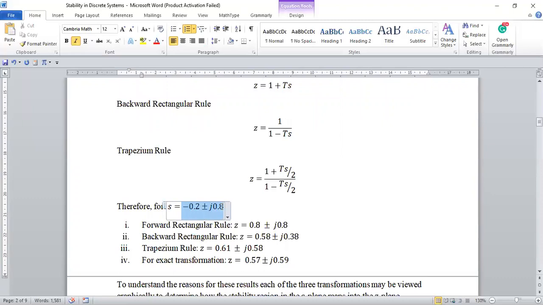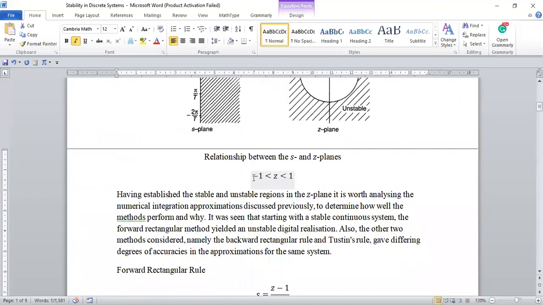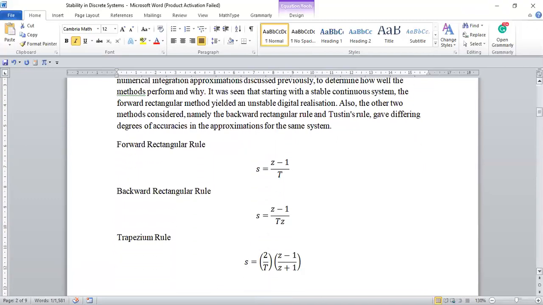Then this particular pole, we're in the S plane, and we already know that when the real part is less than 0, when it's negative, we are stable. Then given the brief explanation I gave you in the Z plane, we said that when the pole is within the unit circle, from -1 to 1, that means that we are stable.